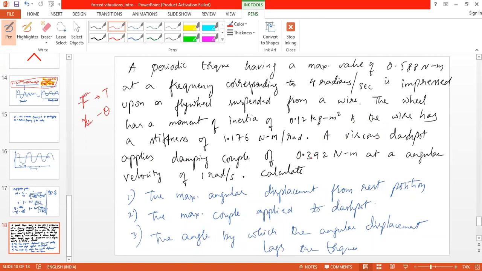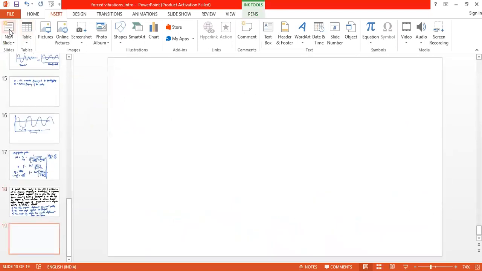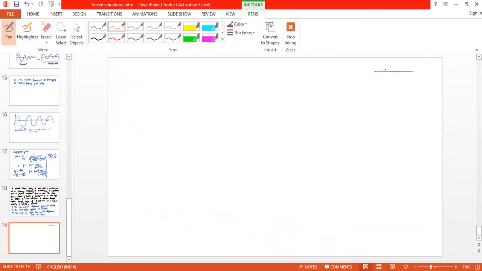The viscous dashpot applies a damping couple of 0.392 Newton meter at an angular velocity of 1 radian per second. Calculate the maximum angular displacement, the maximum couple applied to the dashpot, and the angle by which the angular displacement lags the torque. So here you can have a sketch like this.